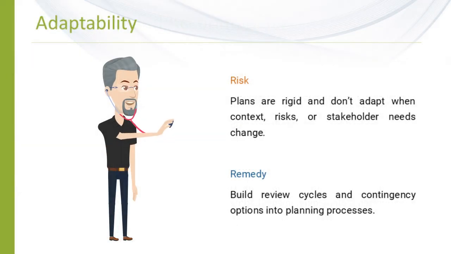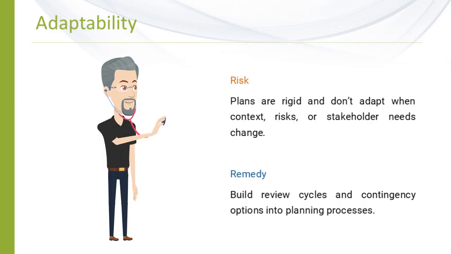When we set out to originally come up with a plan to translate that strategy into an outcome, we need to also be aware and accept the fact that things can change. So therefore, the word adaptability comes into play. So the risk here, the plan is so rigid, we can't change it. It's really stuck.